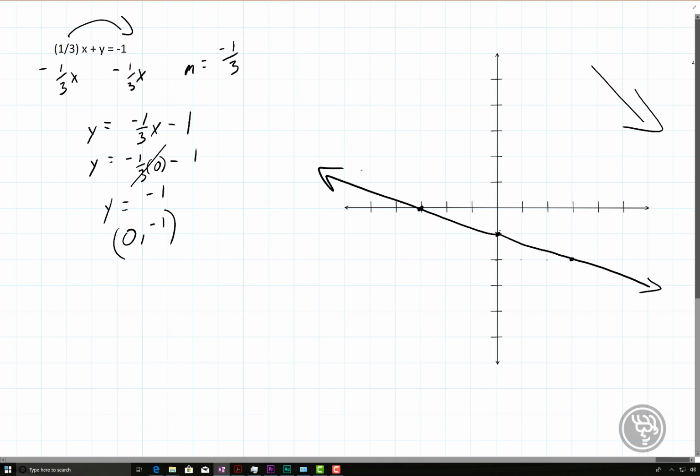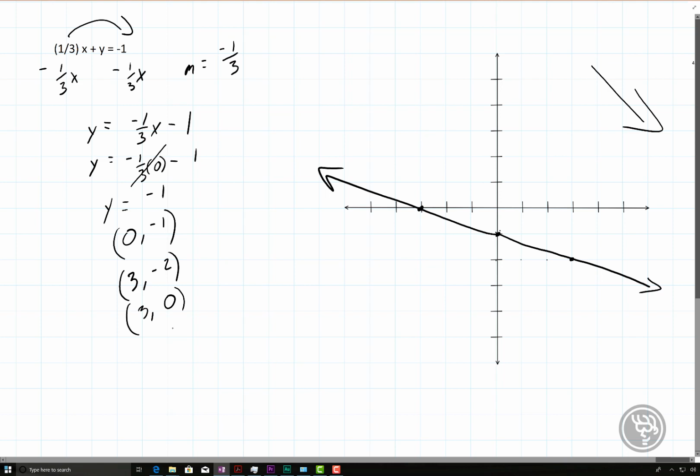So this point here, we have one point is 0, negative 1. We have another point at 3, negative 2. And then your next point would be at your x of negative 3, and nothing for y.